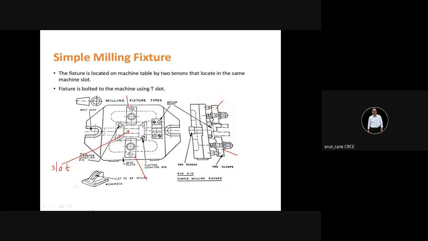This slot you have to mill. If possible, you can show the cutter either in the side view wherever possible, or in the front view.